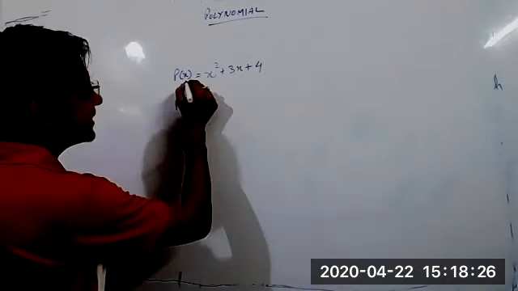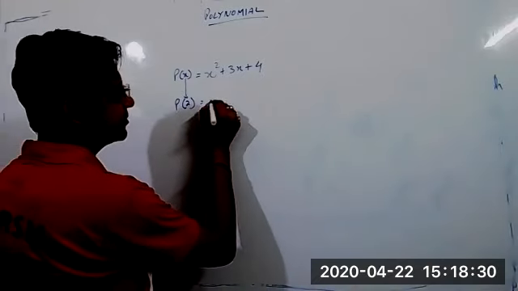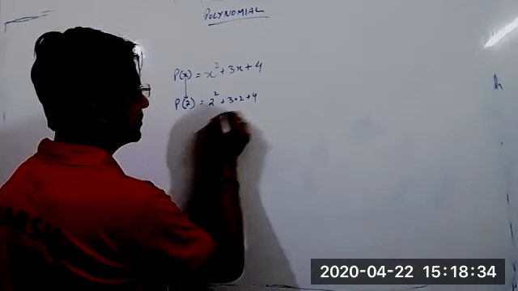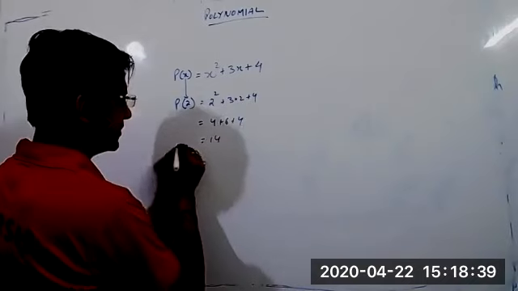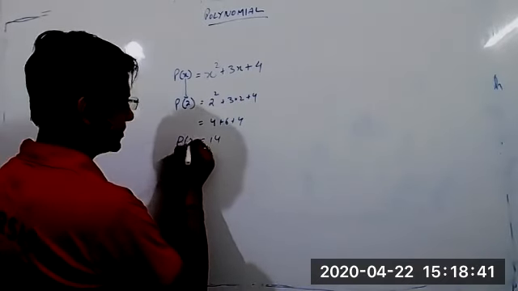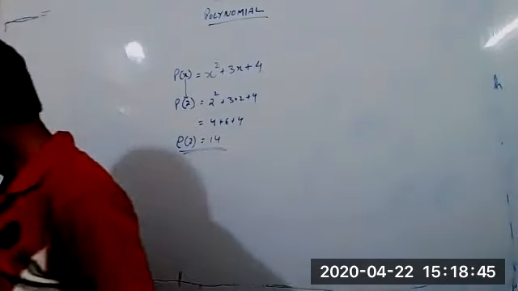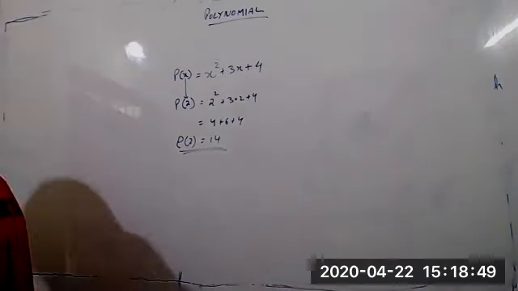Means they are telling you to replace the value of x with 2. So what you will do? 2 square plus 3 into 2 plus 4, which is equals to 4 plus 6 plus 4 is equals to 14. P(2) is 14. Understood? Very easy. No logic, nothing. Just have to replace and you have to finish.